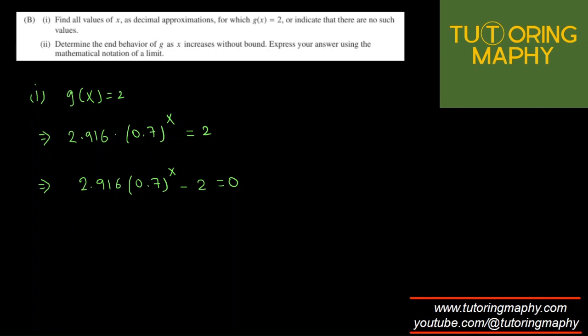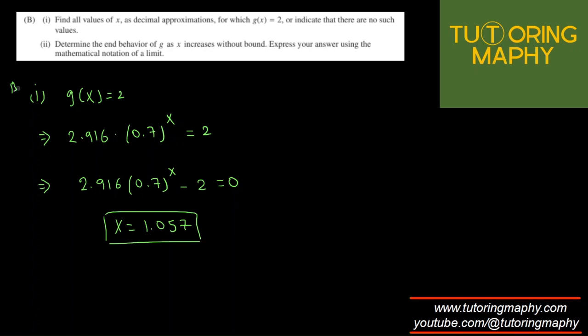So I'm going to do that real quick. Multiply it with 0.7 raised to x minus 2. All right, my answer is coming as 1.057, and that is the only answer which I have. That is the value of x.